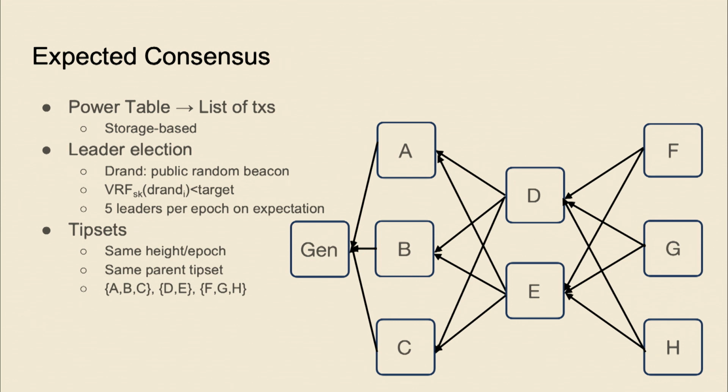Block A, block B, and block C form a tip set in the first epoch because they all have the genesis block as the parent. Then block D and block E also form a tip set because they have a common parent tip set, that is block A, B, and C. And for the same reason, blocks F, G, H also form a tip set.